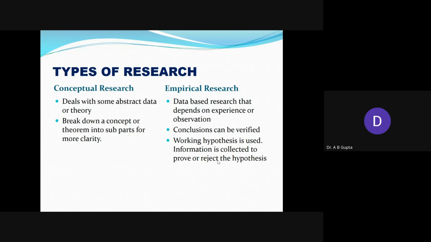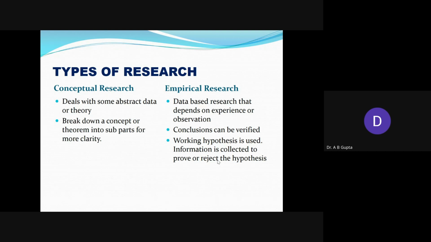So conceptual research is dealing with certain concepts, certain abstract data, whereas empirical research depends on experience and observation, and it is basically data-based research.